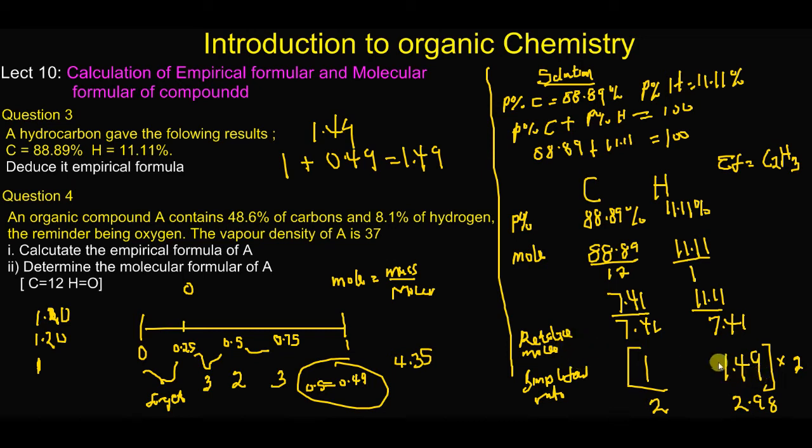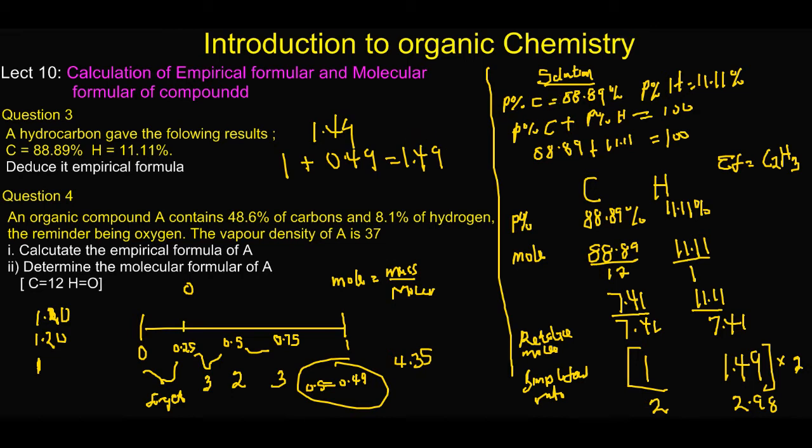Use the rules to check which numbers you need to multiply by, and once you do that, you get the integers and just write the formula. So basically that is what it is. Very, very simple for you to know.